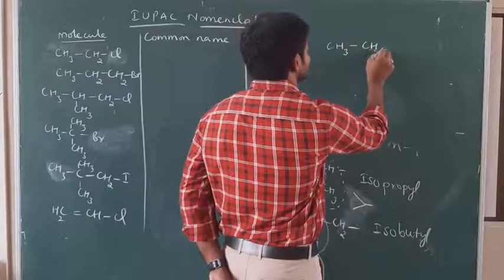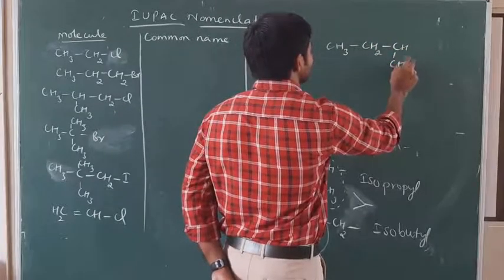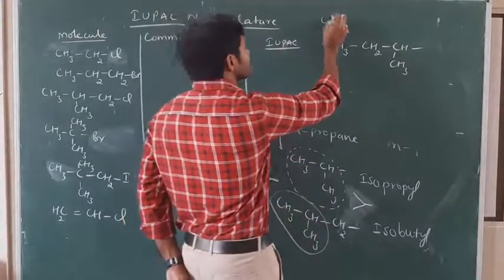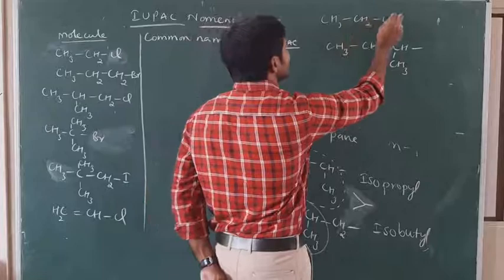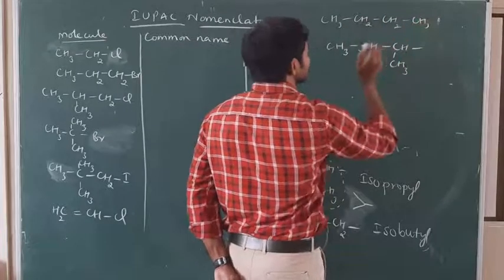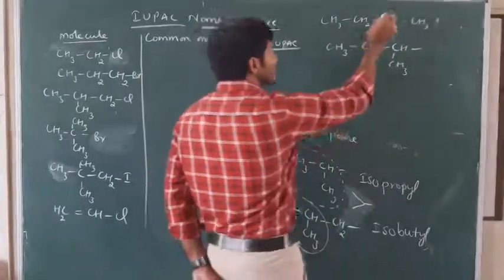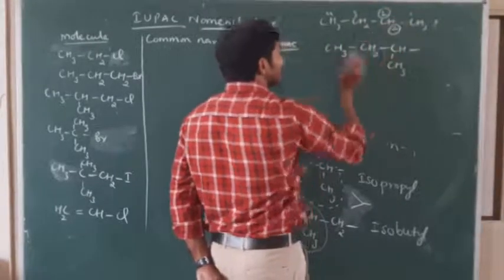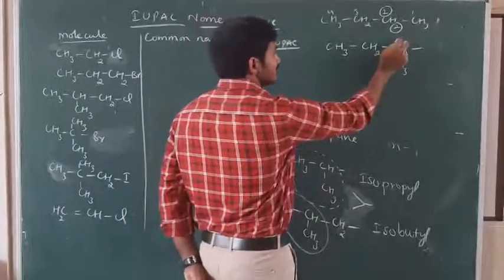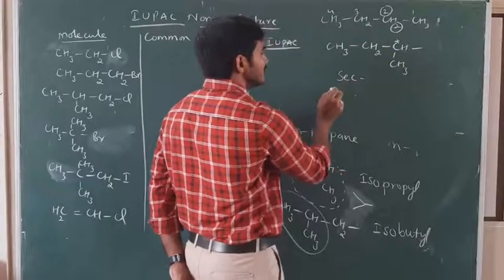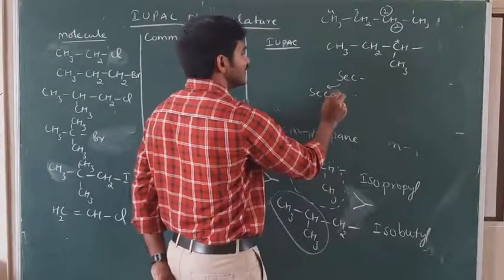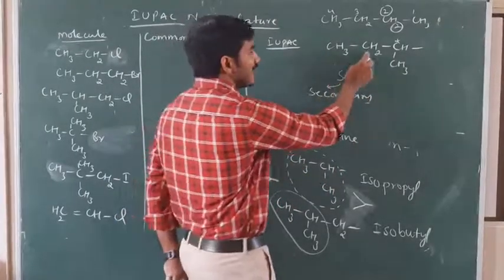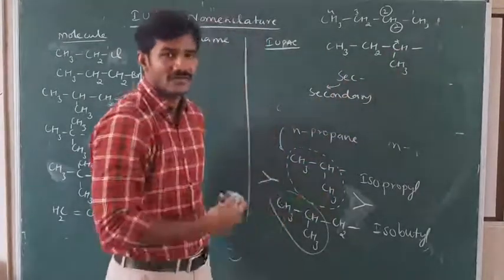Similarly, if the molecule has this type of structure, normally it is CH3CH2CH2CH3, this is butane. If I remove one hydrogen from the second carbon, this is said to be a secondary carbon, sec. SEC stands for secondary. How many carbons in total? 4 carbons.